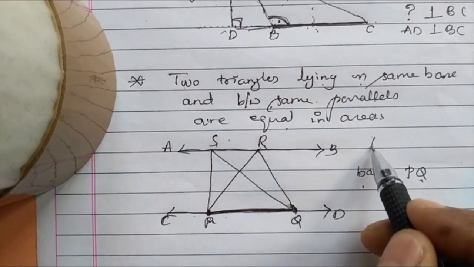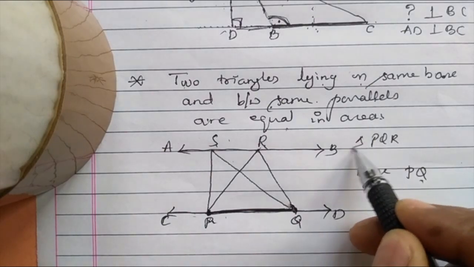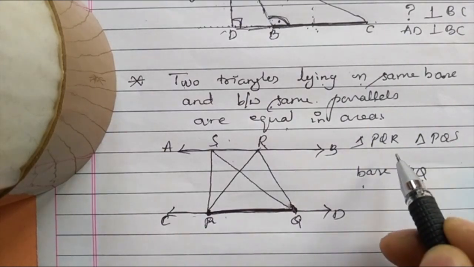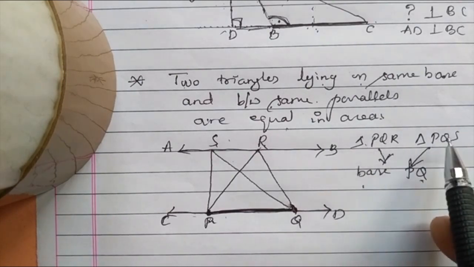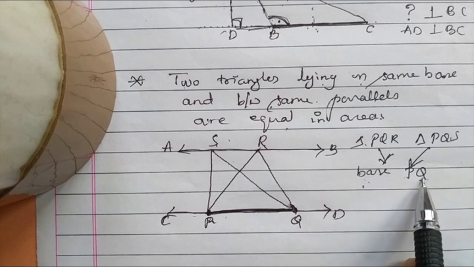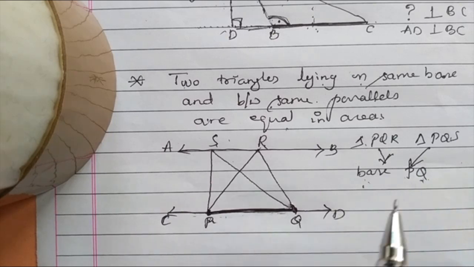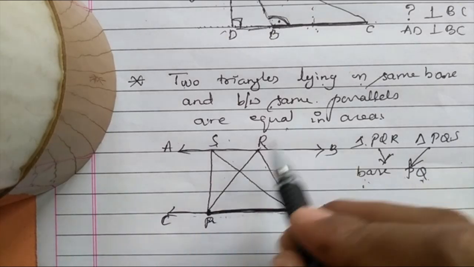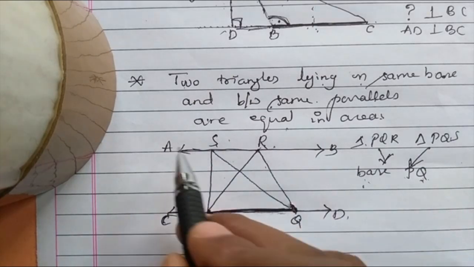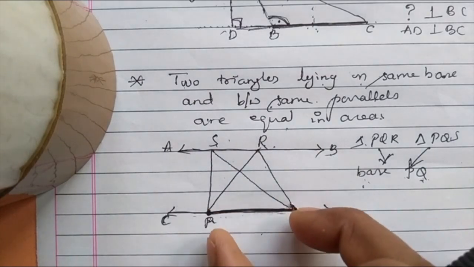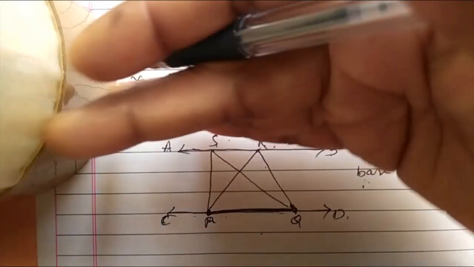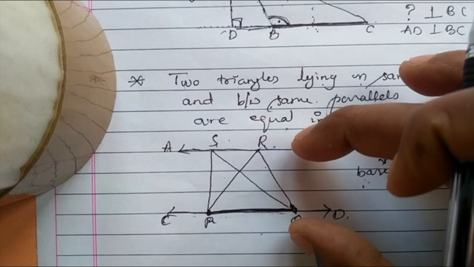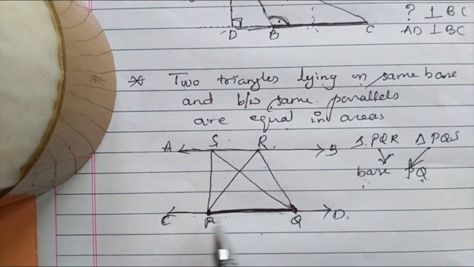On PQ only both triangle PQR and triangle PQS are lying. And both the triangles are inserted between CD and AB parallels. Both the triangles are lying on same base PQ and both are between two parallels. So therefore these kind of triangles are equal in area.